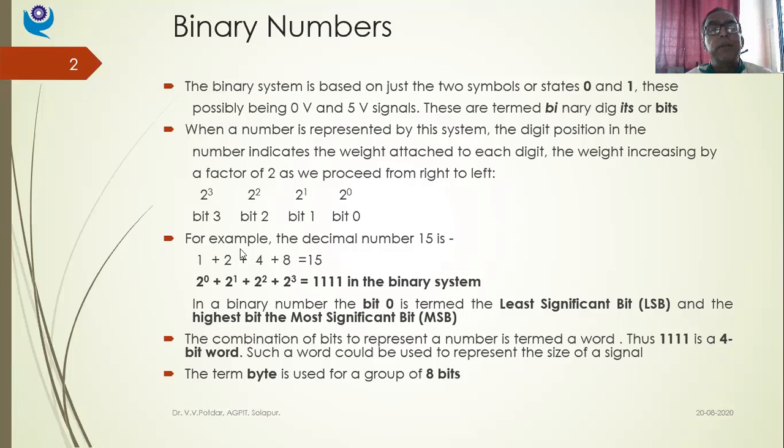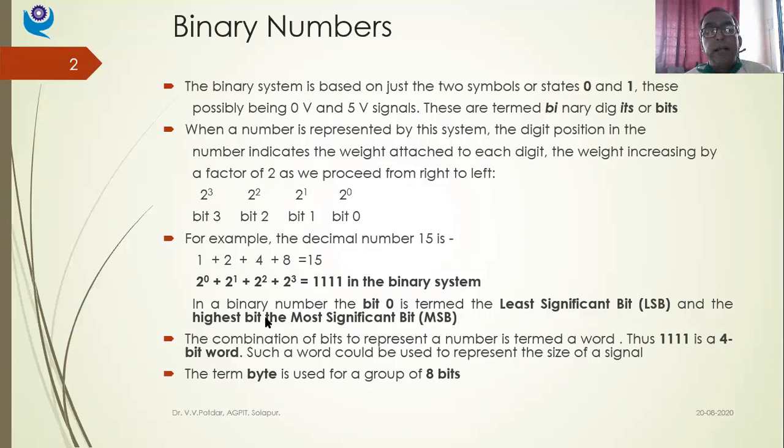The total is 15, and the binary number corresponding to this, as 2 to the power 0 exists, 1, 2 to the power 1 exists, 1, 2 to the power 2 exists, 1, 2 to the power 3 exists, 1. So I have the decimal number 15 represented as 1111 in the binary system.